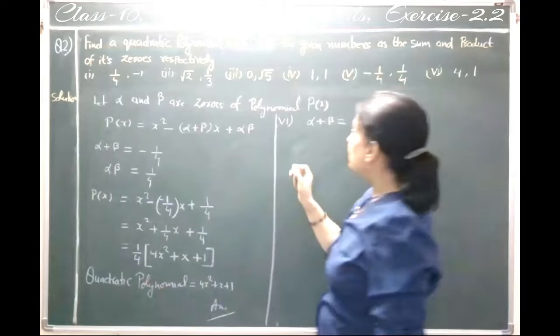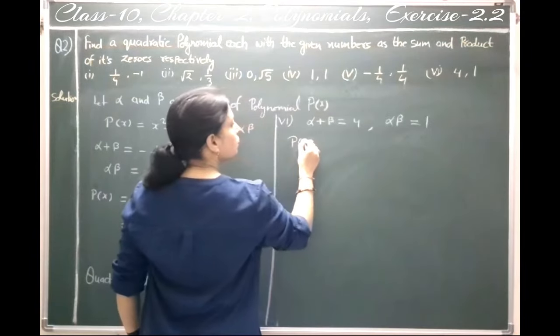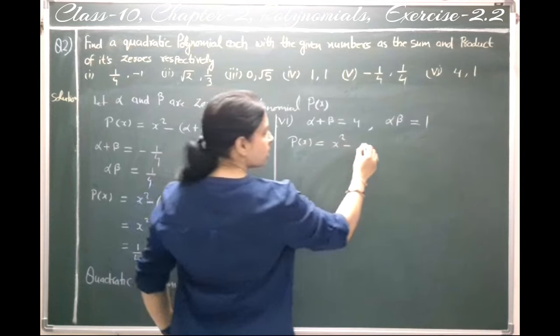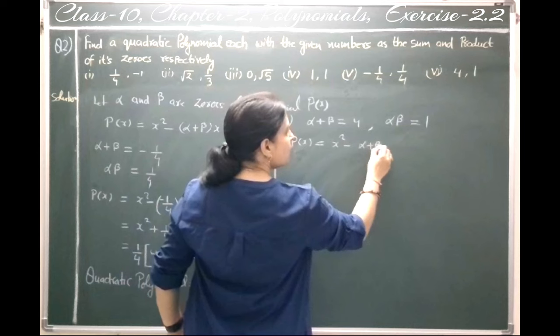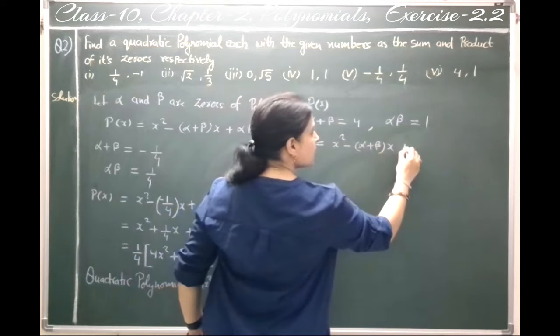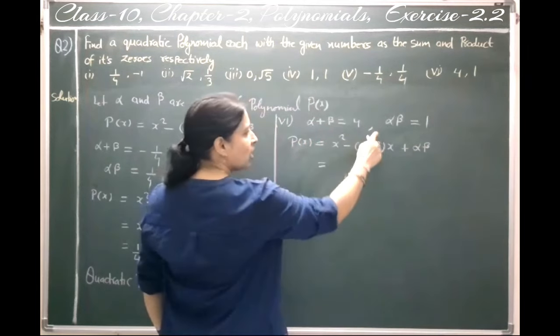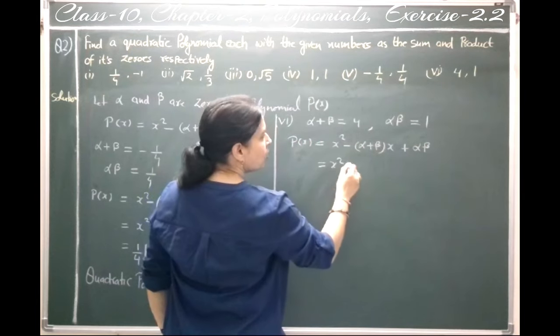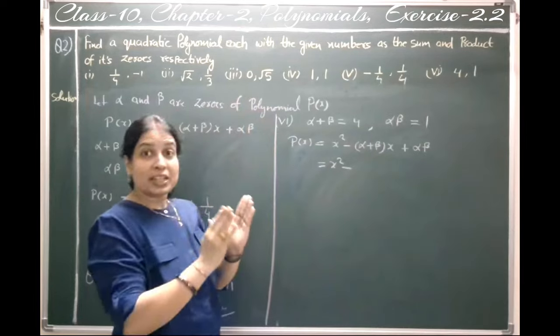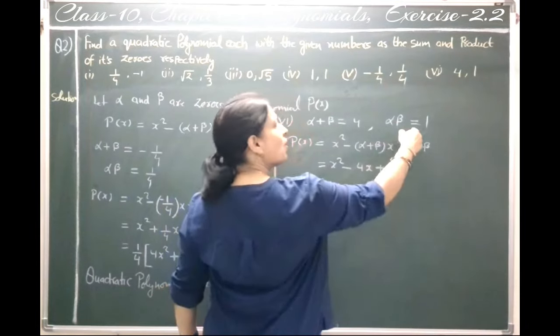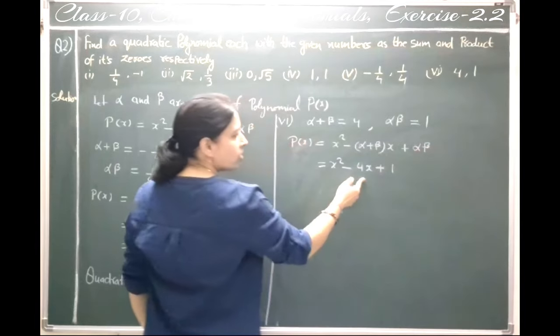So we can write p(x) = x² - (alpha + beta)x + alpha beta. Now put these values here. We get x² minus alpha plus beta, which is 4. So write here 4x plus alpha beta, which is equal to 1.